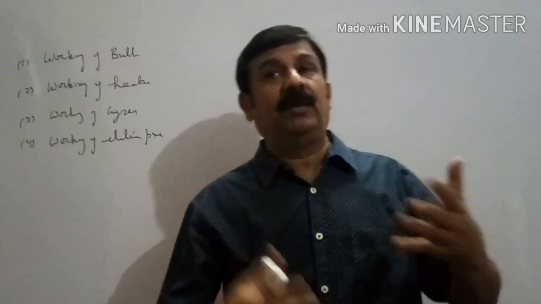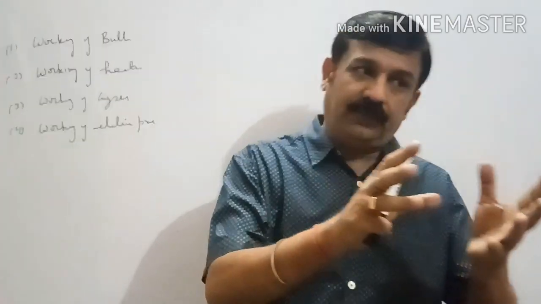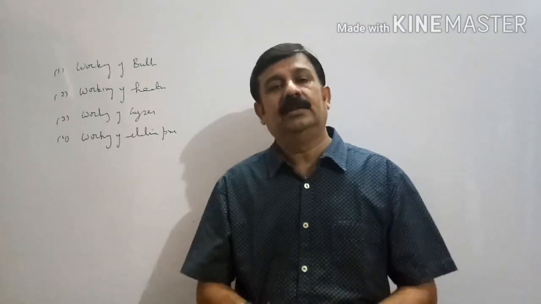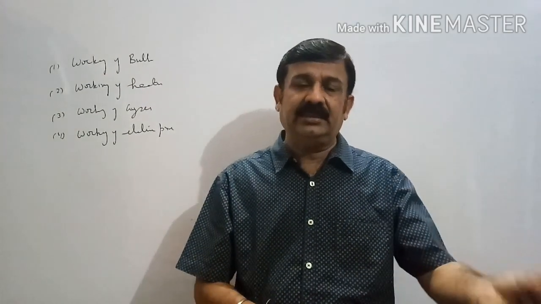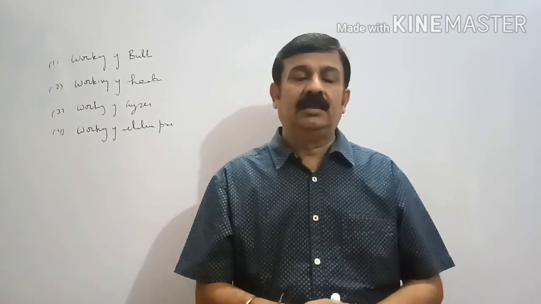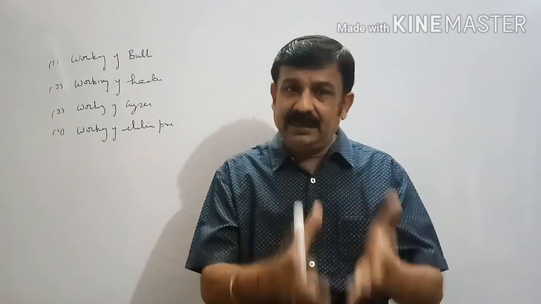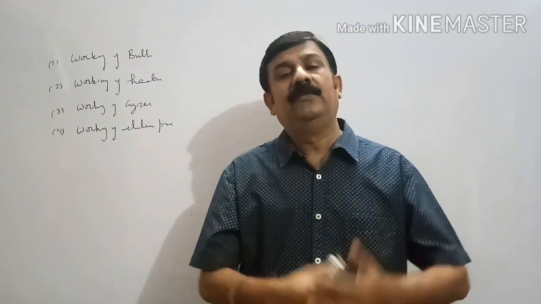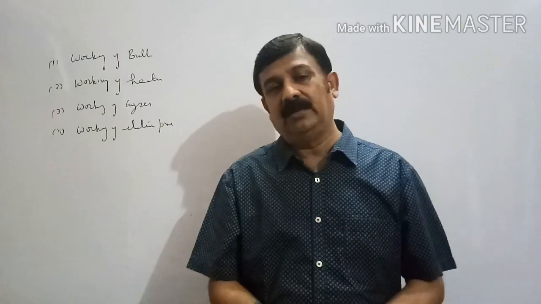If a bulb is producing heat energy, it means some form of energy is converting into heat. What is that form? Electrical form. Bulb is converting electrical energy into heat energy. The amount of electrical energy consumed by the bulb will always be equal to the amount of heat energy or light energy produced by the bulb.